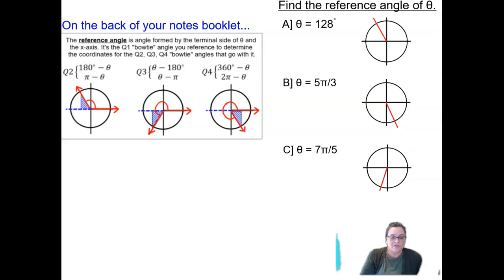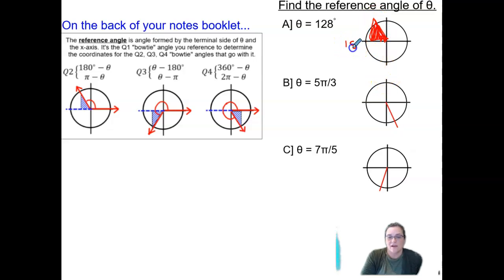So if I want to find the reference angle of 128 degrees, that's in quadrant 2, I'm going to head for my closest x-axis here, and that's the size of the angle that I'm trying to find.